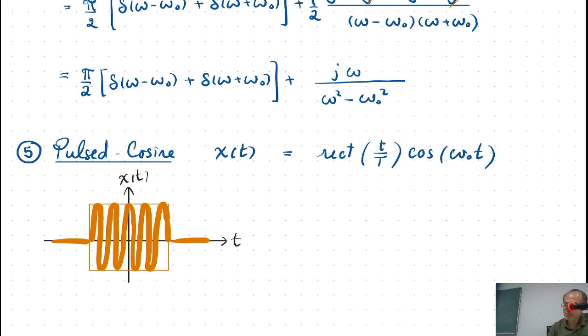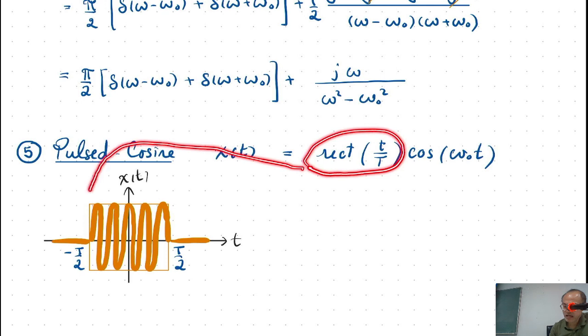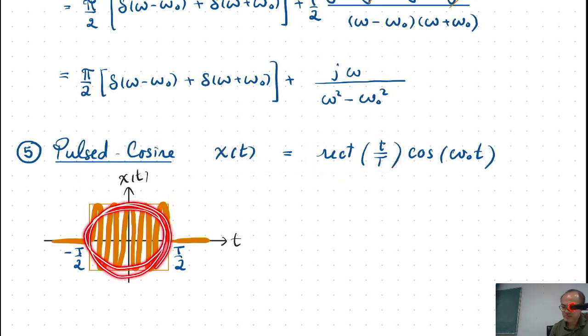The rectangular shape goes from minus T over 2 to T over 2. This is controlled by the rectangular signal here. This rectangular tells us that the cosine has to go from minus T over 2 to T over 2, and the oscillation inside is given by the cosine here.